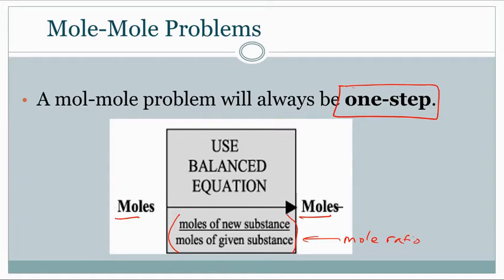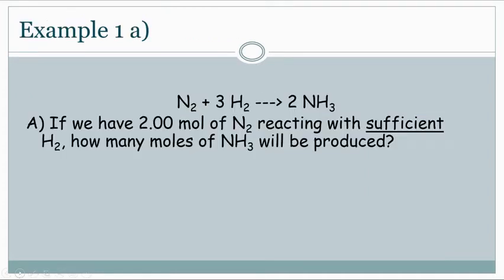Notice in this case, say we're doing moles A, and I'm going to moles of B. I'm going to put moles of my given on the bottom, so moles of A on the bottom, moles of my new substance on top. Now the number that's going to go here is going to be based on your balanced chemical equation, your coefficient, okay? So let's look at this as an example.